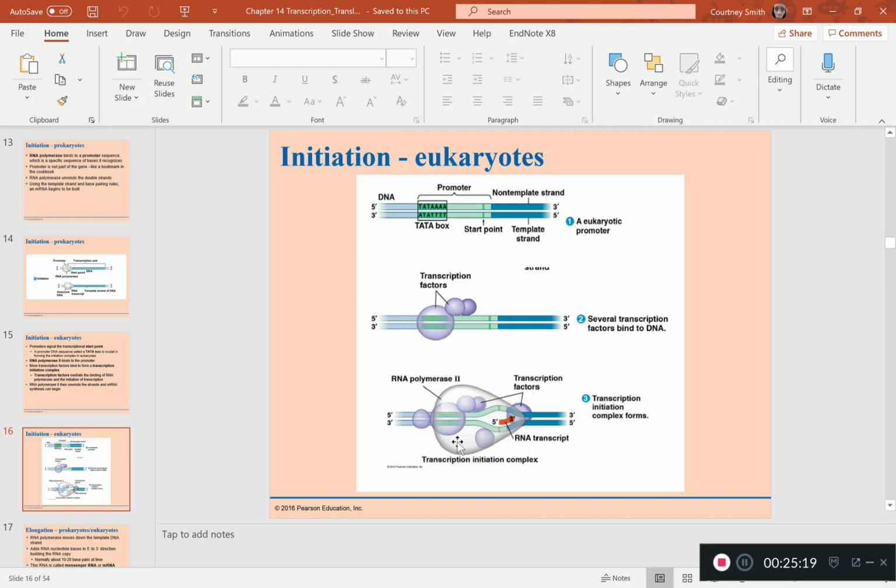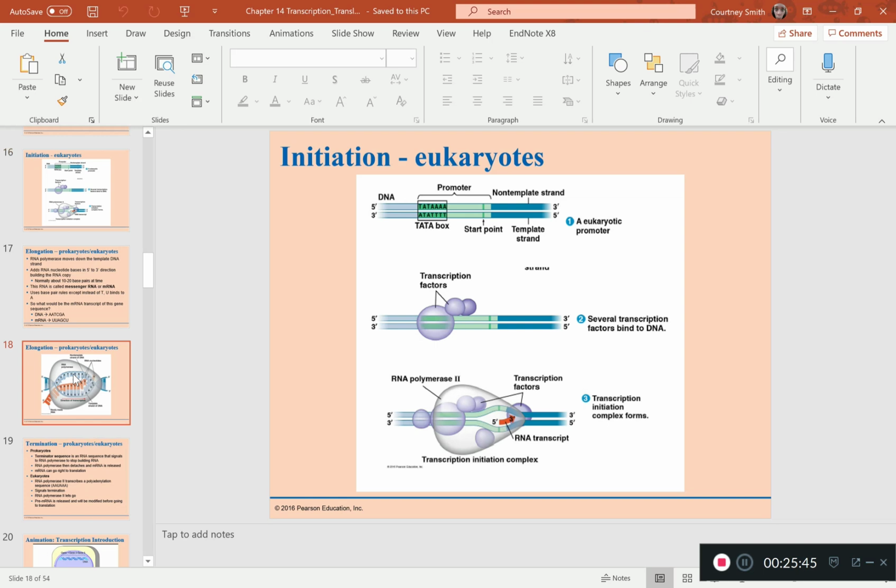Once RNA polymerase has bound to the DNA, it will unwind the strand. As we see right here, we see that bubble that we always see. From there, RNA synthesis can begin, meaning we can start transcribing some RNA from our DNA. So that's the initiation process.